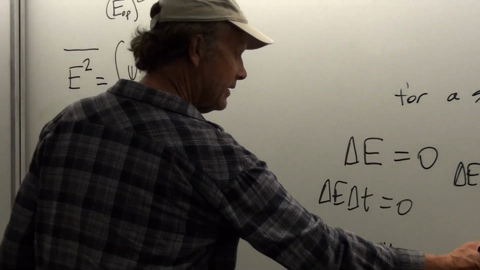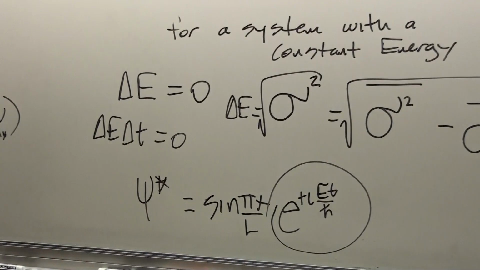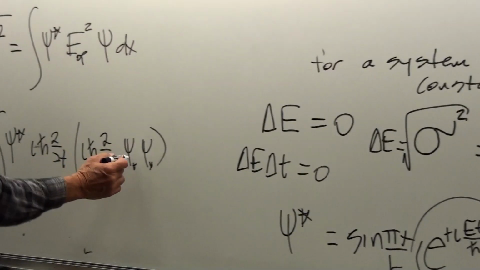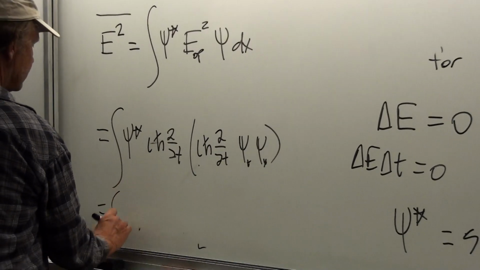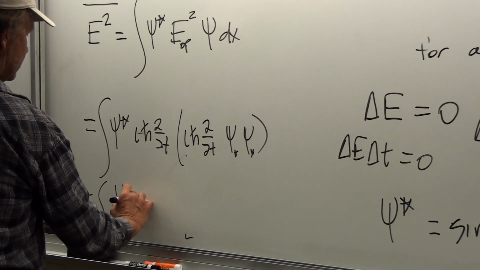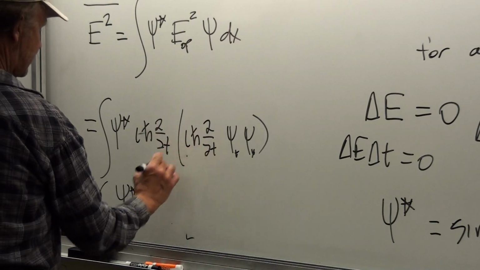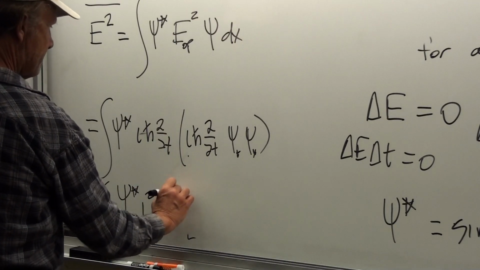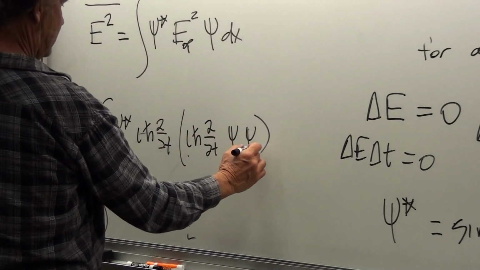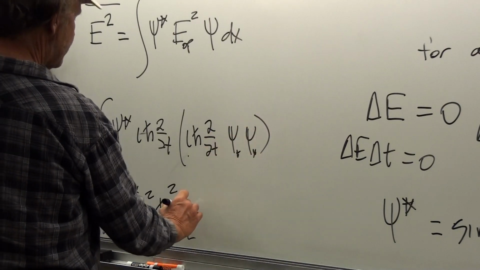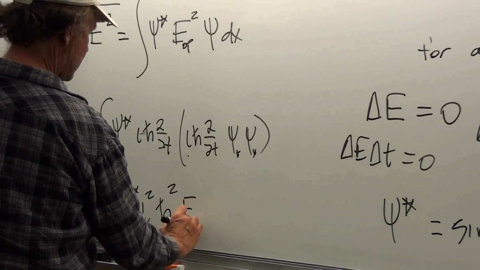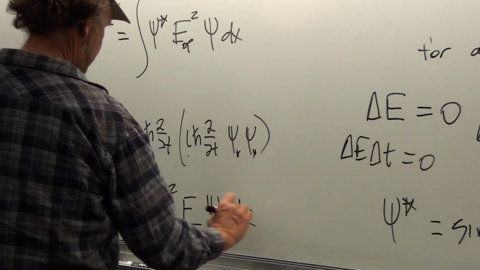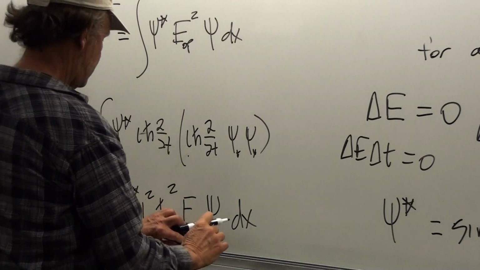When we take the partial derivative of this with respect to time on psi t, what you end up getting, just like we did before, was psi star times i squared times h bar squared, and then the partial with respect to time, so that's going to be E times psi x psi t back again times dx.